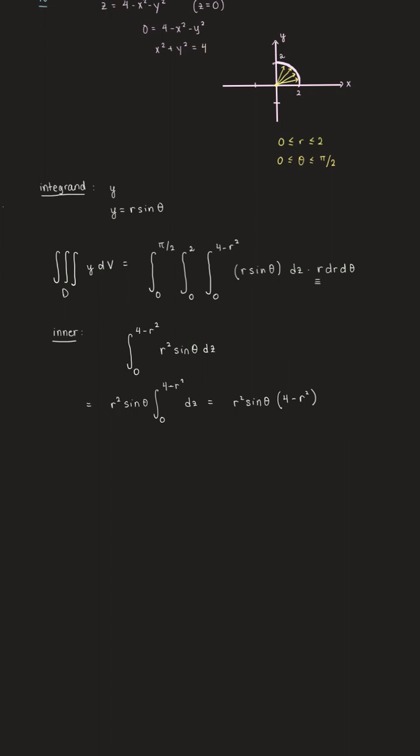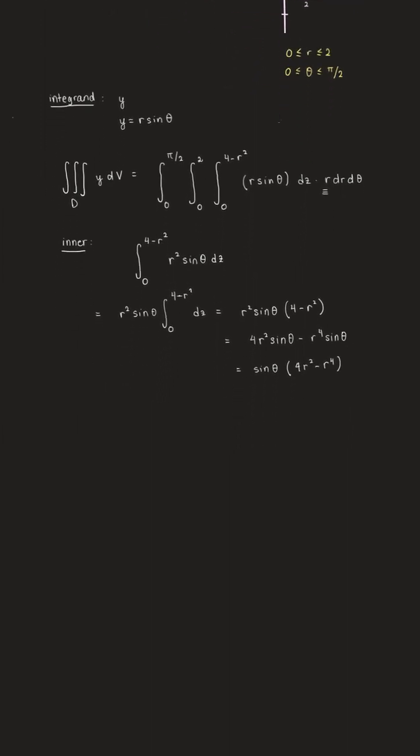Because when we integrate dz, that's just z, and I already applied the fundamental theorem of calculus here. So I'm going to distribute to get 4r squared sine theta minus r to the 4th sine theta. And since my next integral is only with respect to r, I will factor out the sine theta, since that will just be a constant with respect to r. So we'll have 4r squared minus r to the 4th.